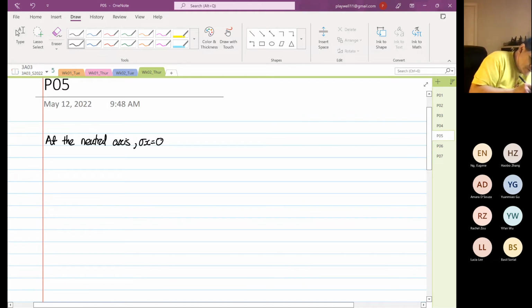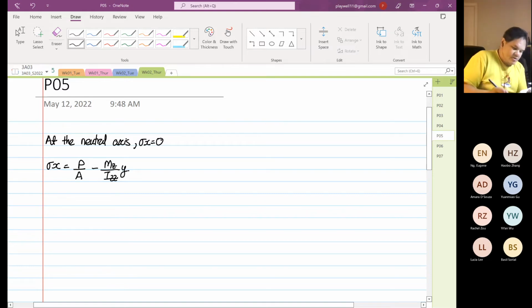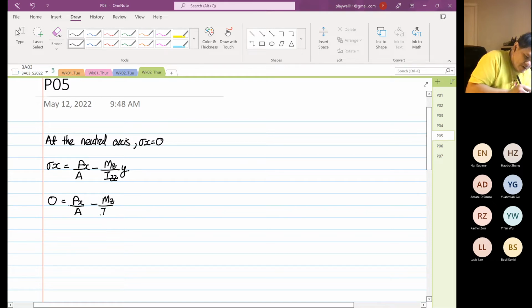Then you just need to write down stress X is equal to P over A minus Mz over Izz multiplied by y. So at the neutral axis, this is equal to 0. So you have Px over A, I do apologize, minus Mz over Izz multiplied by y.